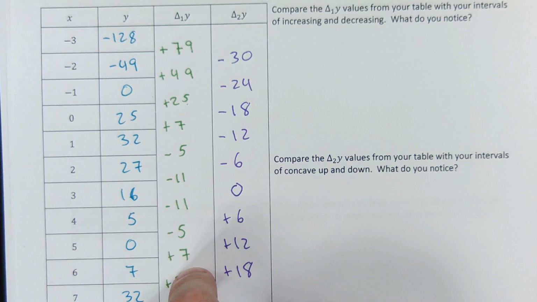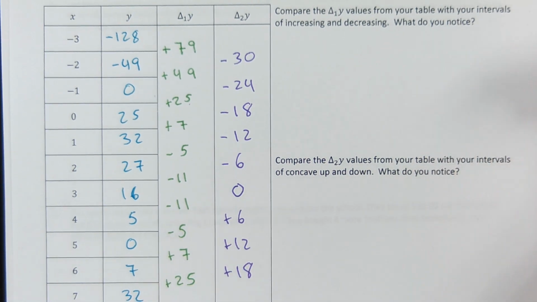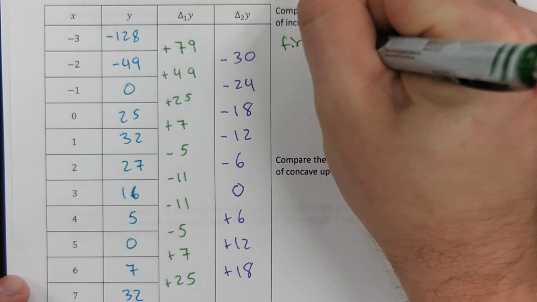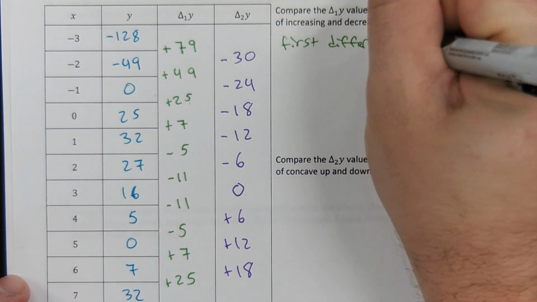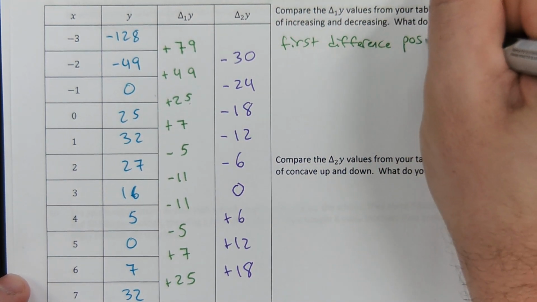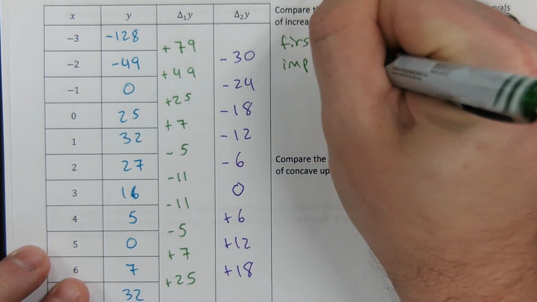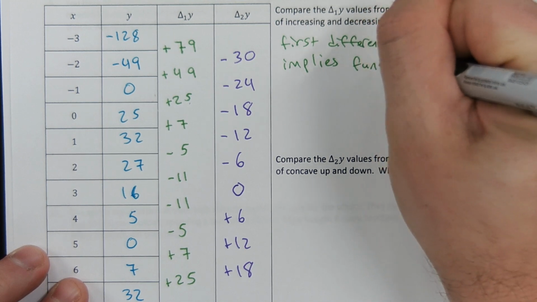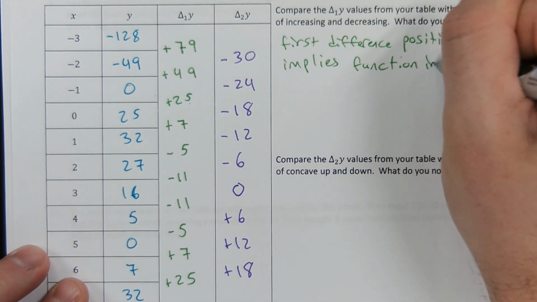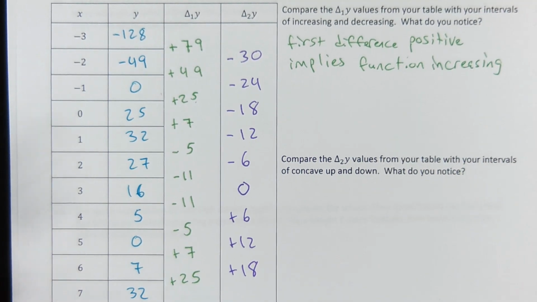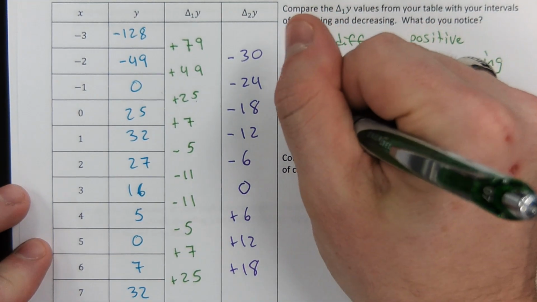As it turns out, anytime delta 1 is positive, anytime your first difference is positive, your function is increasing. First difference positive implies function is increasing. So first difference negative implies function decreasing.